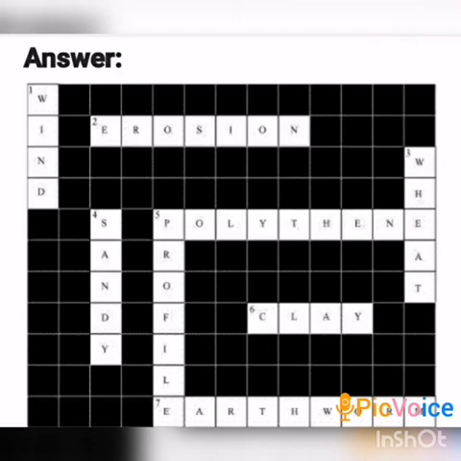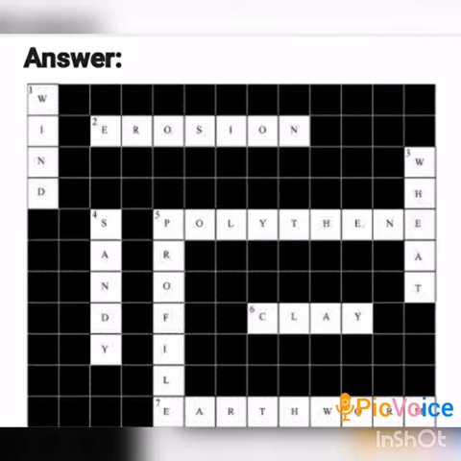Then let us come to the downward puzzle. The first down is, in desert, soil erosion occurs through wind. The answer for the first down puzzle is wind.